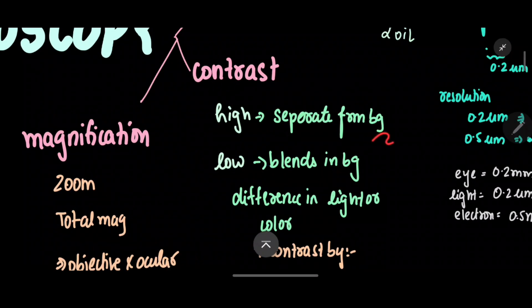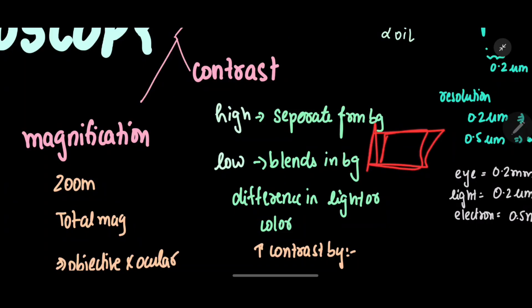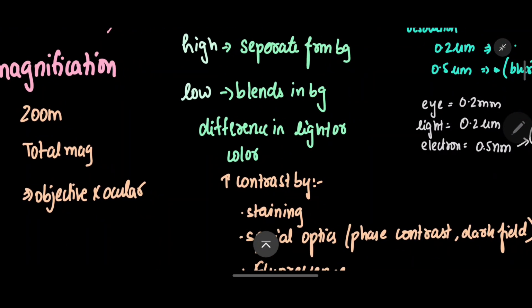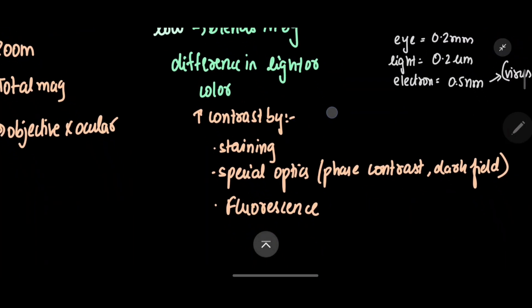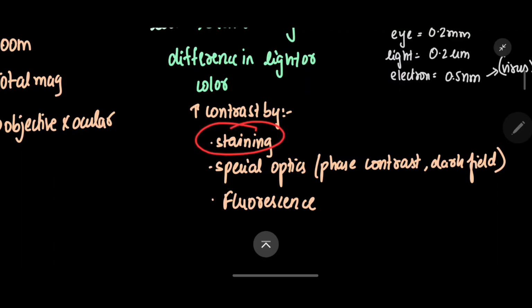So your microscope should have a good contrast. It should have a high contrast. So what do we use in these microscopes to increase the contrast? Okay, so we use staining. Staining is used in light microscopes.